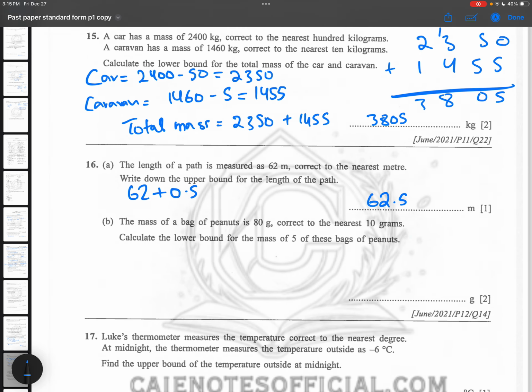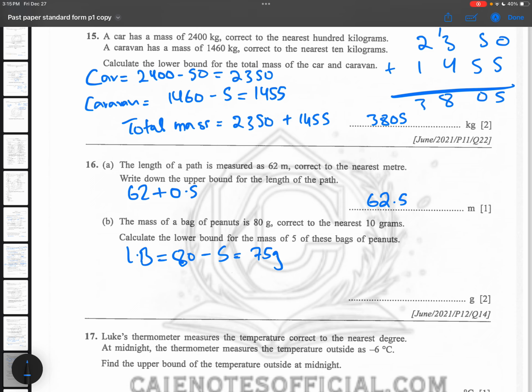The mass of a bag of peanuts is 80 grams, correct to the nearest 10 grams. Calculate the lower bound for the mass of 5 of these bags of peanuts. First we get the lower bound for the mass of a bag. 80 is correct to the nearest 10 grams, so I will subtract 5 from it.